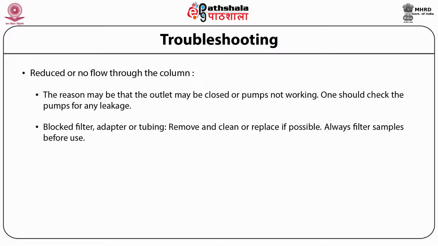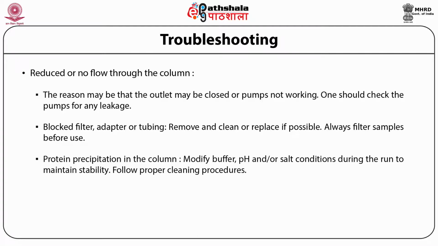The third reason could be that there is protein precipitation in the column. Now, what to do? We should now modify the buffer, pH and or salt conditions during the run so that the stability is maintained. One should always follow proper cleaning procedures.